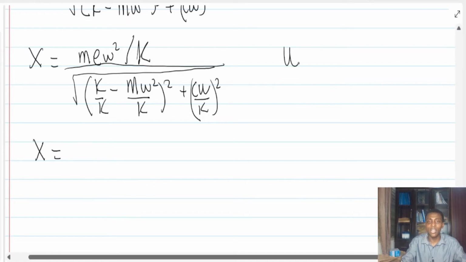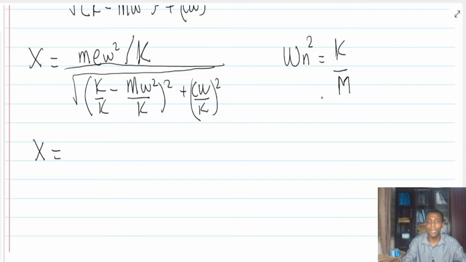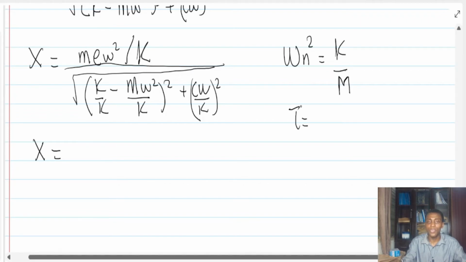We know that the natural frequency squared, omega n squared, is K divided by M. And we also know that tau squared is omega over omega n, squared. So in other words, I can say that omega n squared is equal to omega squared over tau squared.